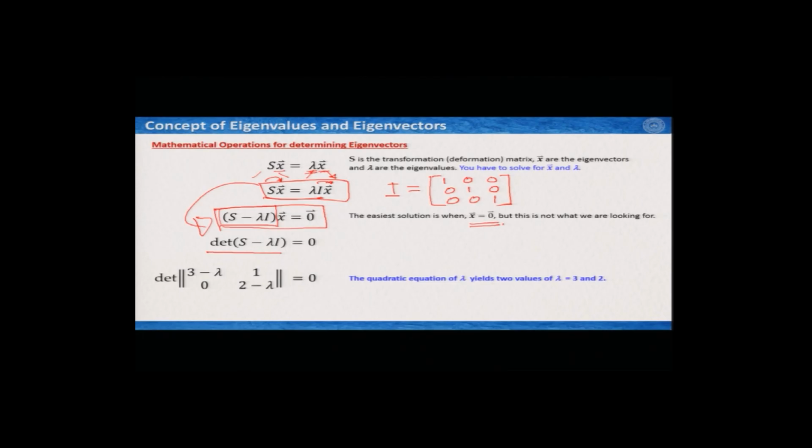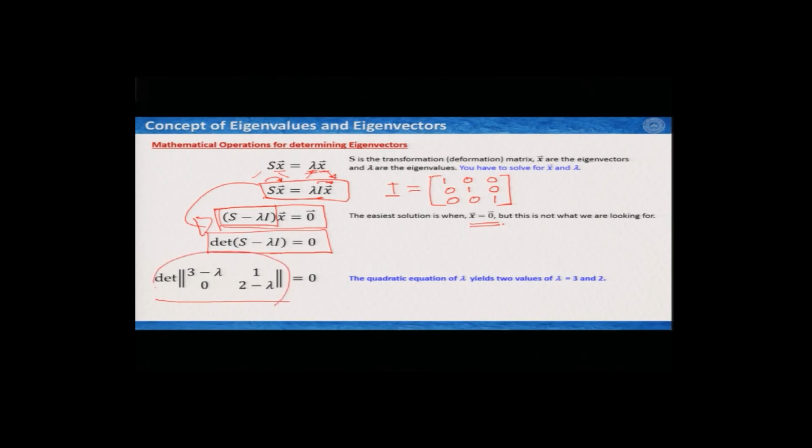That means the determinant of S minus lambda multiplied by the identity matrix should be 0. Now, if we expand this equation with our transformation matrix, which was 3 0 1 2, we can write the determinant of 3 minus lambda, 1, 0, 2 minus lambda, should be 0.